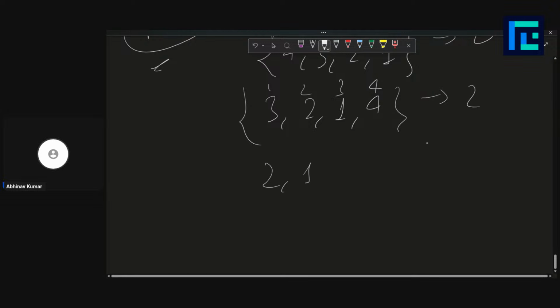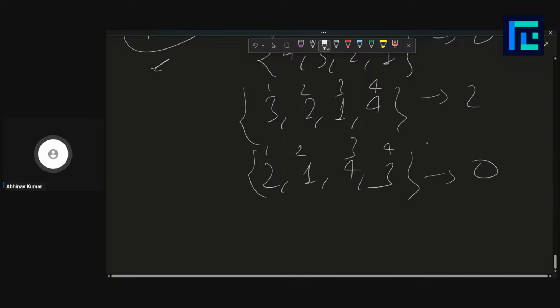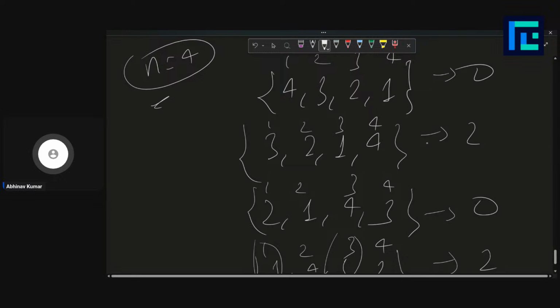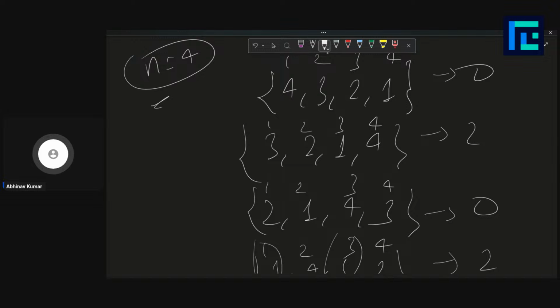Cyclic shift it. 1, 2, 4, 3. FP value becomes 0 again. Cyclic shift it. 1, 4, 3, 2. FP value becomes 2 again. So among all the 4 cyclic shifts, the maximum was 2. So for n equal to 4 also we can say that this reverse permutation works.